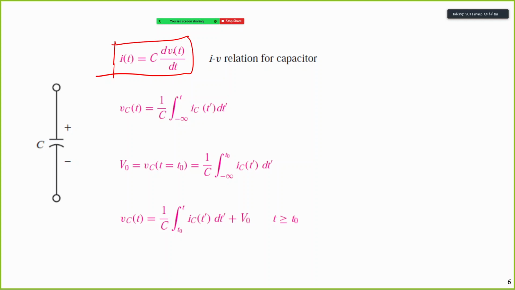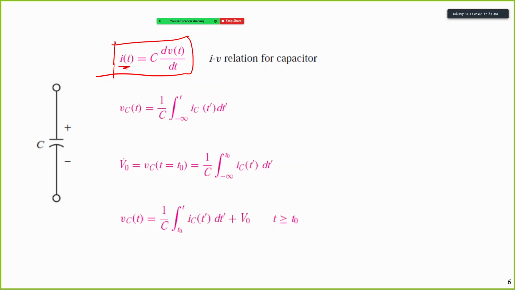So VC would be 1 by C integrated from negative infinity to t of the current i(t). Okay, from a long time back, and up to the time we consider here.